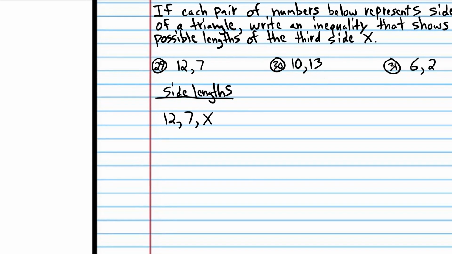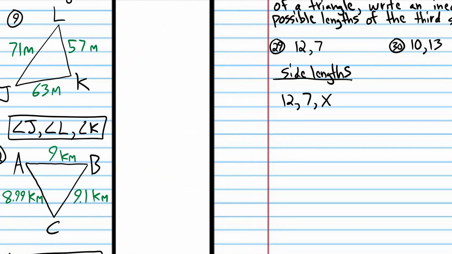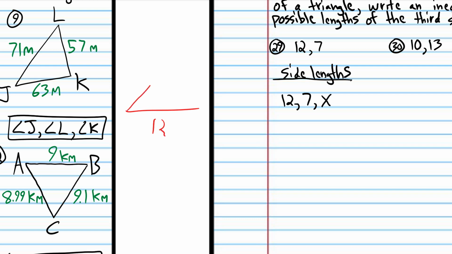So we want to know if you have two side lengths of a triangle, 12 and 7, what are the possible values of x? You might think, well, x could be anything. Well, actually, it can't be anything. You know, these two side lengths, they're written in stone. They're not changing. So you can't just choose any value for x. For example, let's say that you had 12. Say this side was 12, and this side is 7, right?